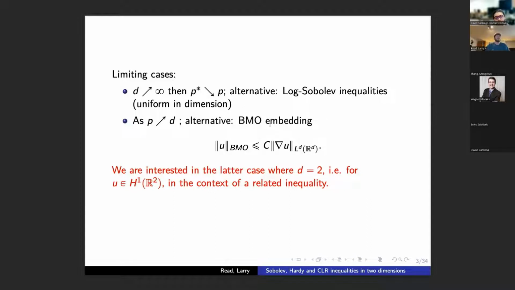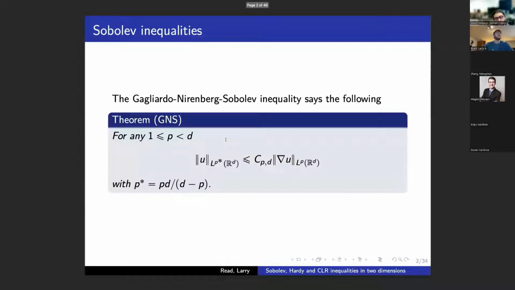That is, you have this bound here for u of bounded mean oscillation. And of course, you could consider the case where instead of R^d, you have some compact subset of d-dimensional space. In that case, you have some nice embedding of L^p spaces, and you can find some result.